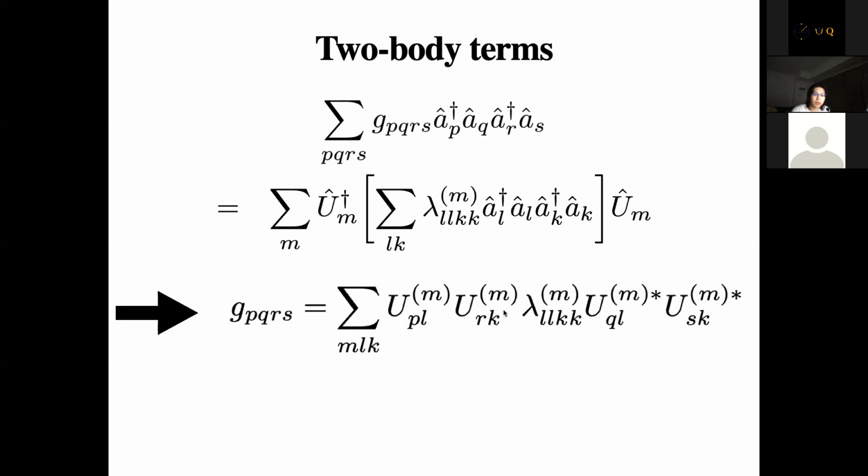You can see the similarity of this to diagonalization, because on the left-hand side you have a general four-mode tensor, and on the right-hand side you have the lambda tensor that is diagonal in a very specific sense: on the first two indices it's diagonal, and on the second two indices it's diagonal again.